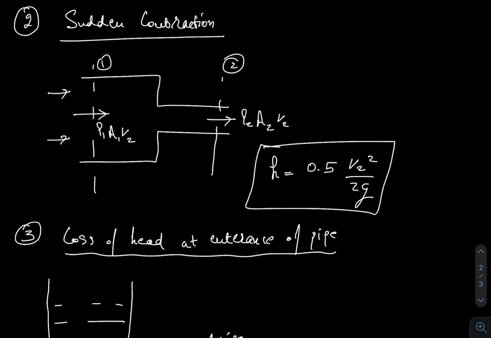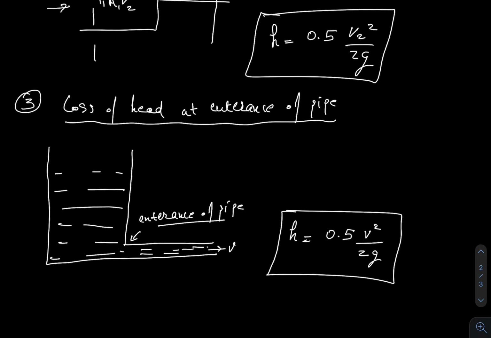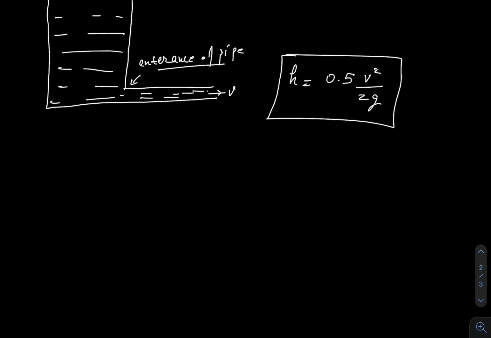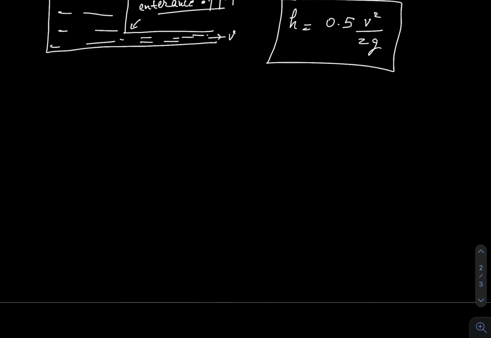If the area is suddenly decreasing, there are also some losses, and we have written the equation for that too. Then we calculated the loss of head at the entrance of the pipe, and we have also written the equation for that. So basically three cases we have already discussed in the last class. Now we will move forward.